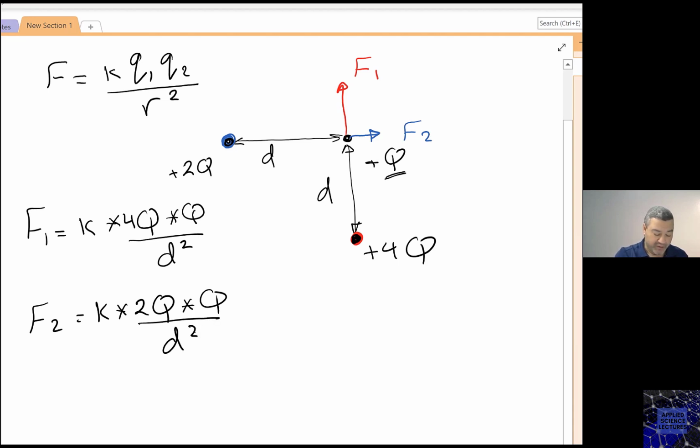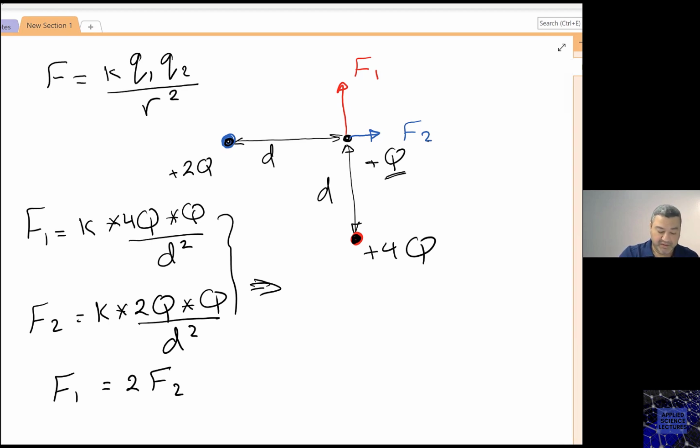We can notice that F1 as a result, I have F1 equals 2F2. So the magnitude of F1 is twice the magnitude of F2.